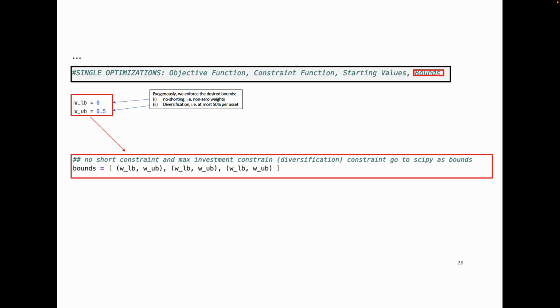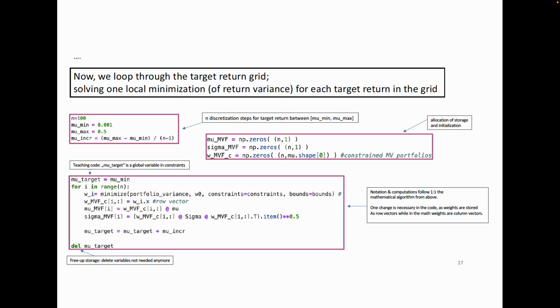So our W is 3-dimensional, and now for each dimension we are telling the optimizer later what's the lower and the upper bound. And in this example they're all the same, 0 and 0.5, but they could be different, as you see, among different assets.